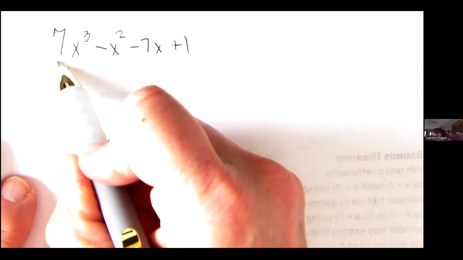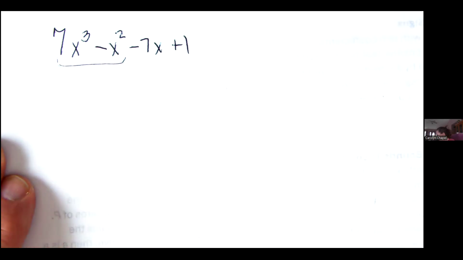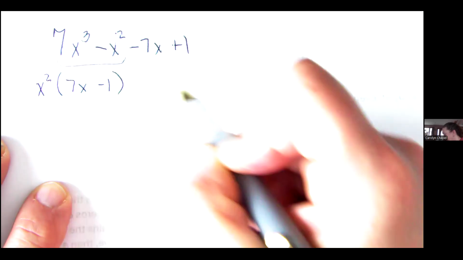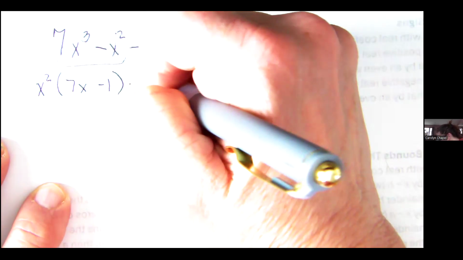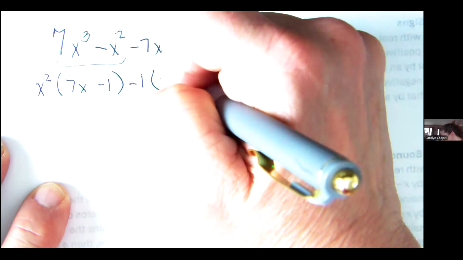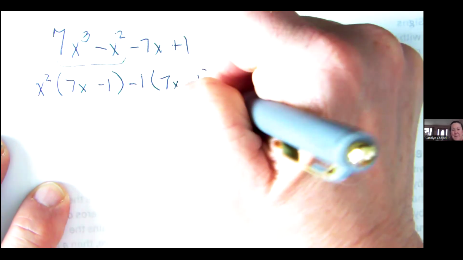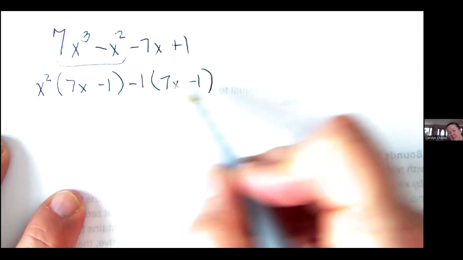So out of these first two, I can pull out an x squared, and that leaves me with 7x minus 1. Out of these two, I could pull out a -1, which also gives me 7x minus 1. Now I have two terms.